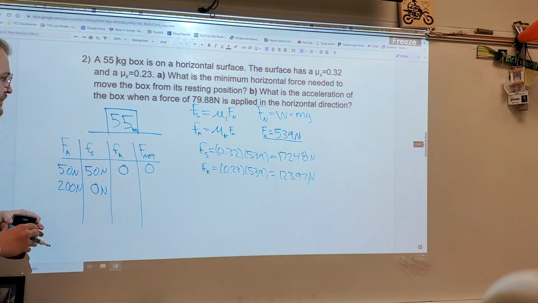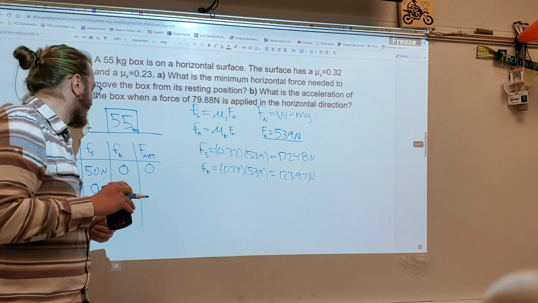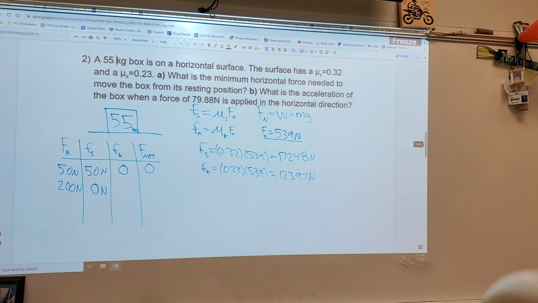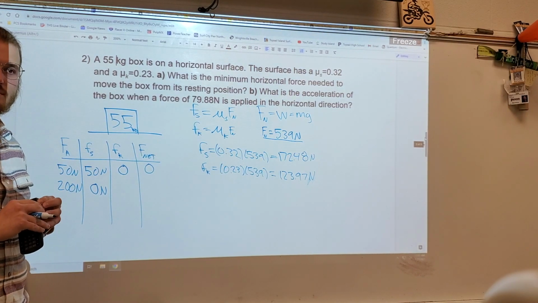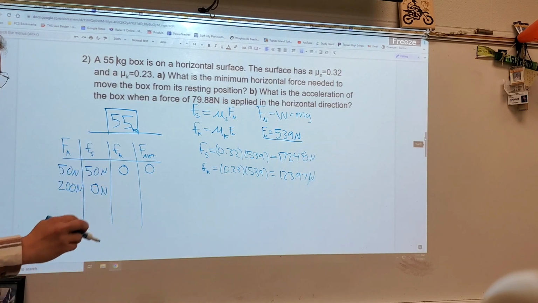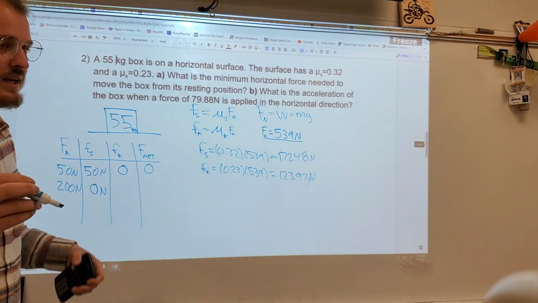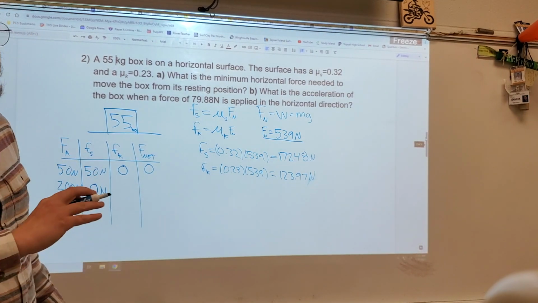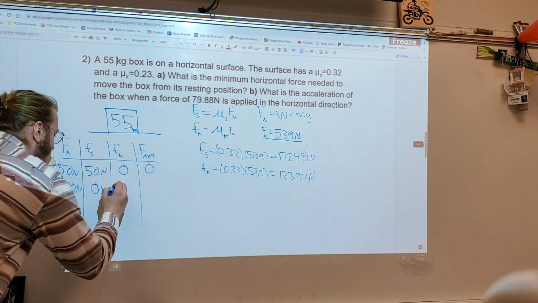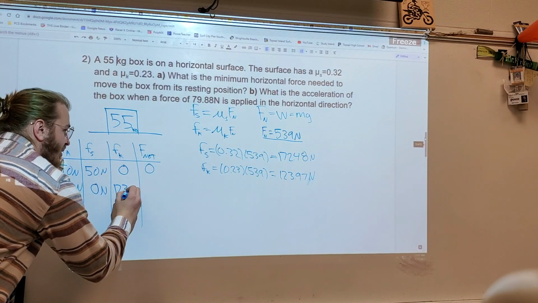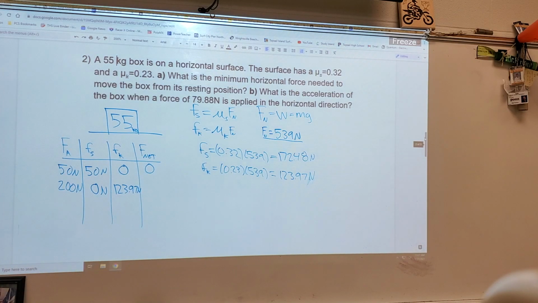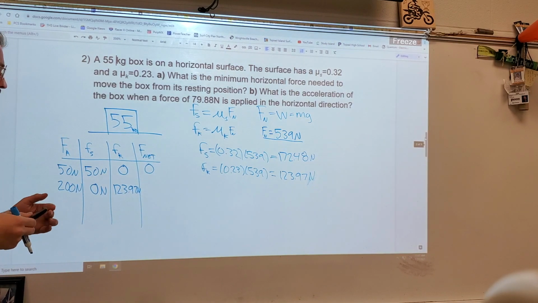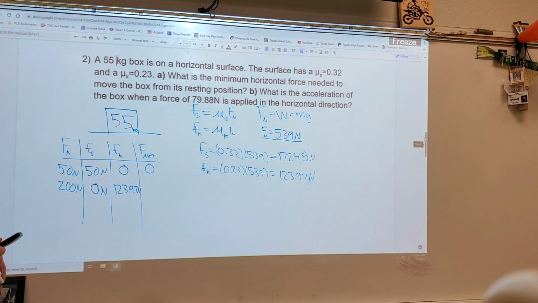0 newtons. Now, can you tell me how much kinetic friction is actually applying on the object when it's being pushed with 200 newtons of force? That's right. When it surpasses the static friction and it moves into kinetic friction, the kinetic friction stays the same no matter what. So the kinetic friction is actually applying 123.97 newtons of force back onto the object. So what does that make our net?